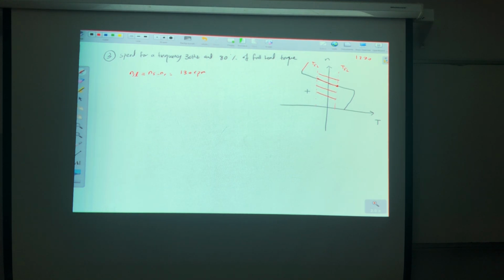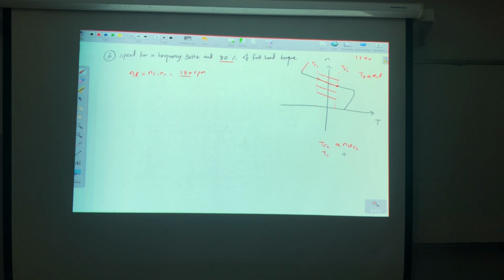Now, the drop in speed, if I'm having the full load, it will equal to what? 130. If I'm having 80%, I will get what? The torque is proportional with what? Omega slip. Correct? So similarly, T full load is proportional with N slip full load.